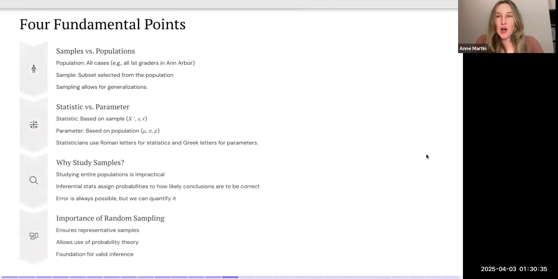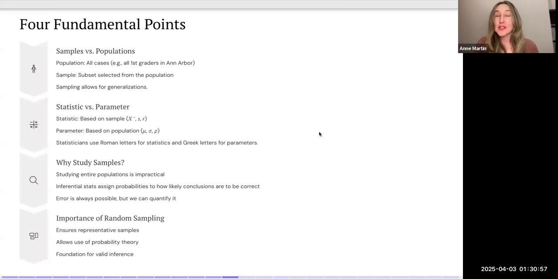So in terms of understanding inferential statistics, some of the key points are sample versus population. This is a concept that we've talked about in terms of quantitative studies. The sample are the participants included in that particular study, and the population is all of the people that would meet those characteristics.